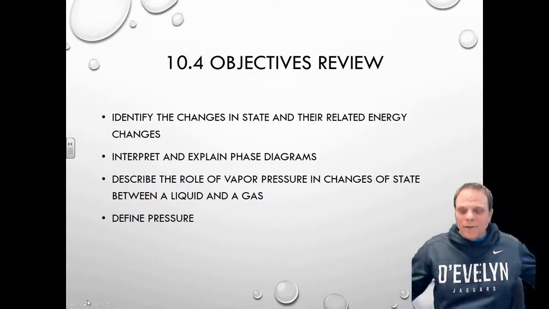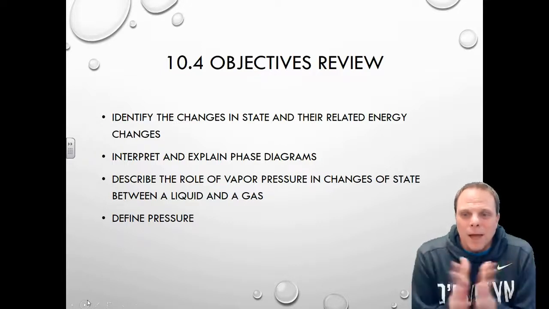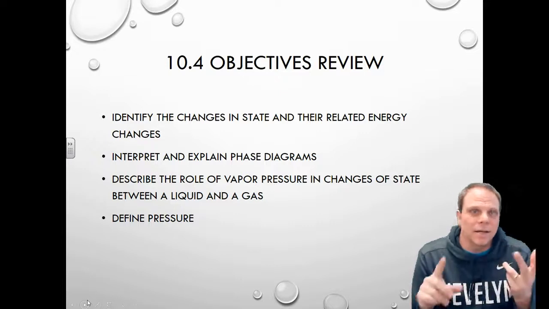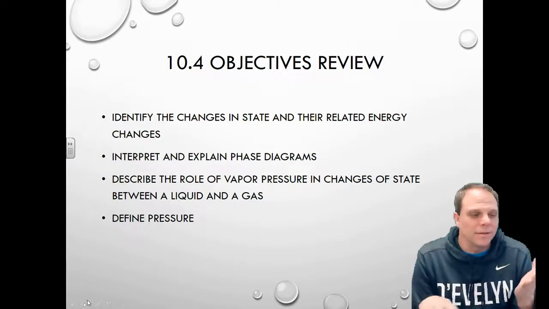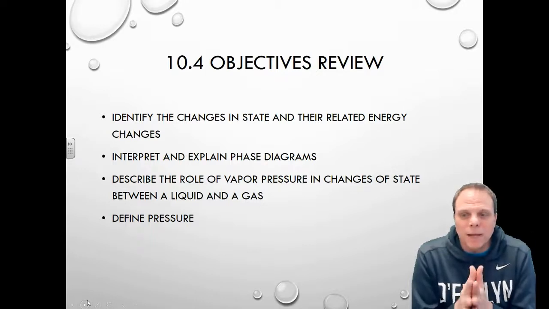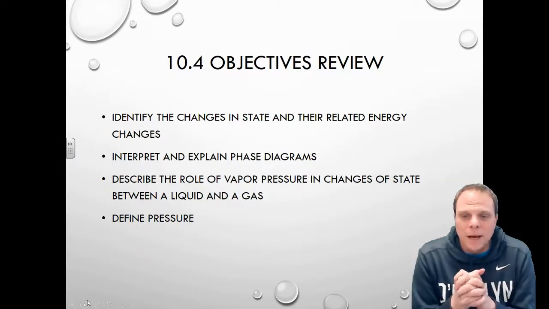Okay, so we learned a lot of good things here. Let's go through what we've learned. Identify the changes in state that are related to energy changes. So we learned all those different changes in state: sublimation, condensation, evaporation, all those kinds of things, right? Interpret and explain phase diagrams. Yes, so now you've seen a phase diagram, you can understand what they mean and explain them.